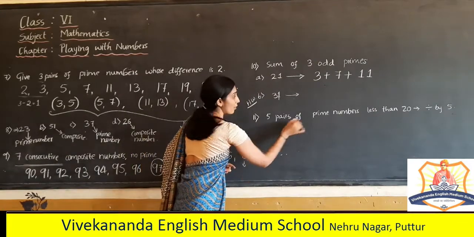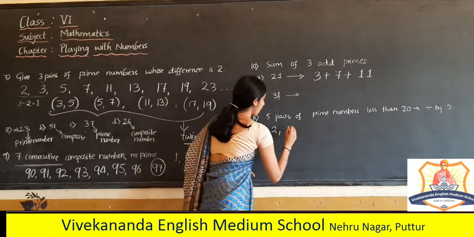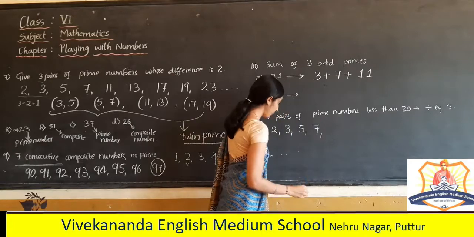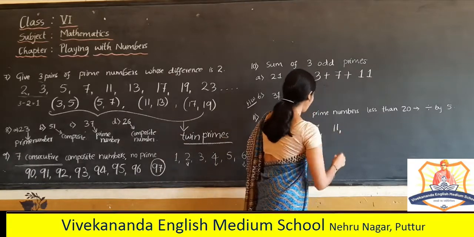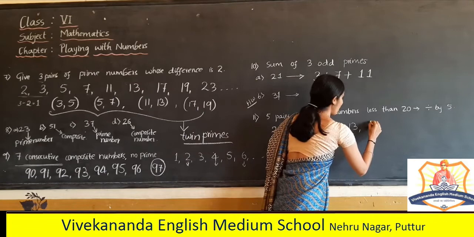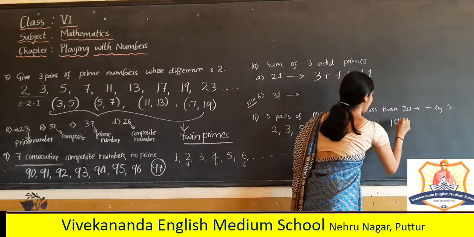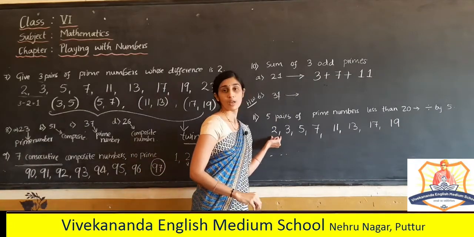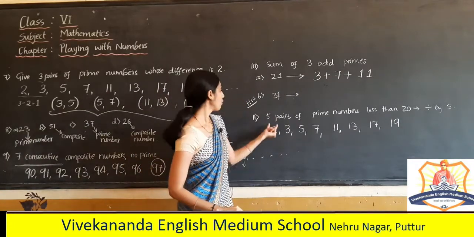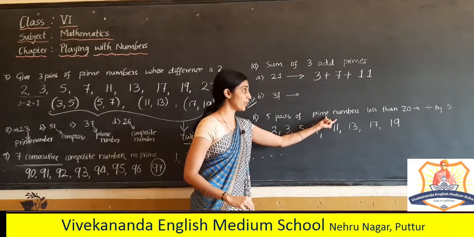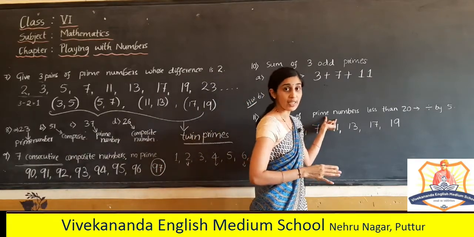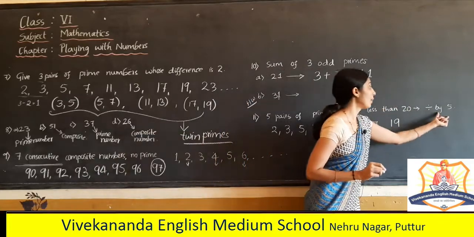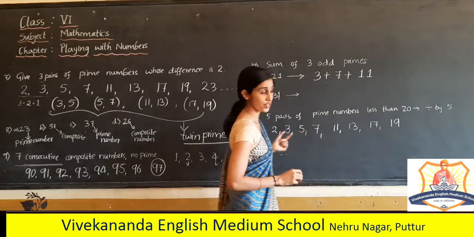Let us first list out the prime numbers less than 20: 2, 3, 5, 7, 11, 13, 17, 19. So the question is, the set of 5 pairs of prime numbers less than 20 whose sum must be divisible by 5.